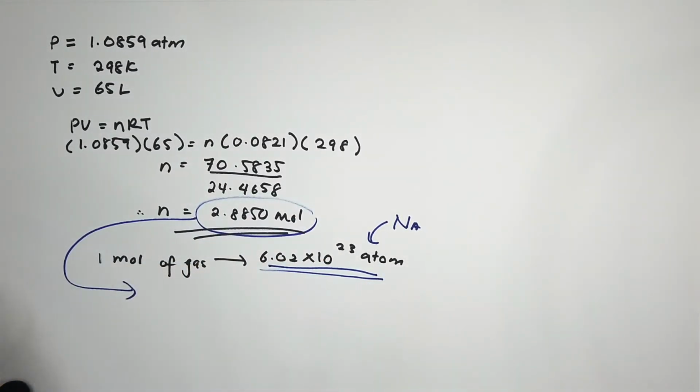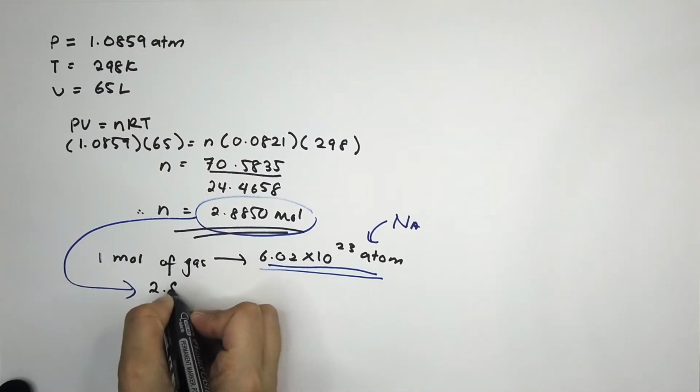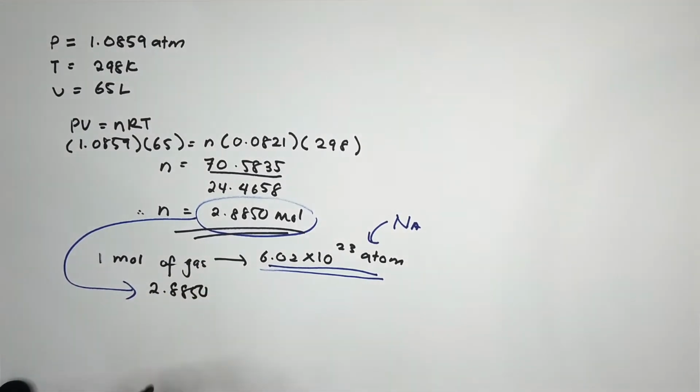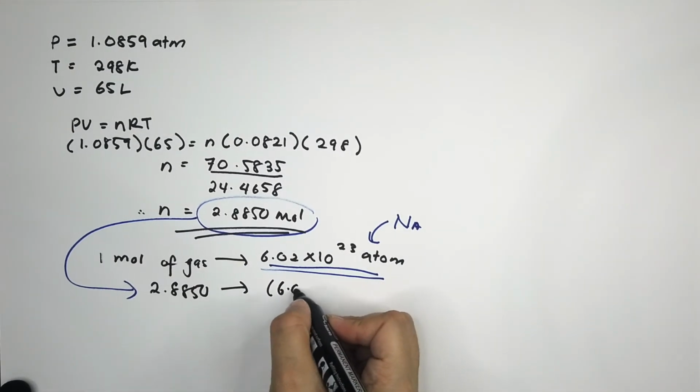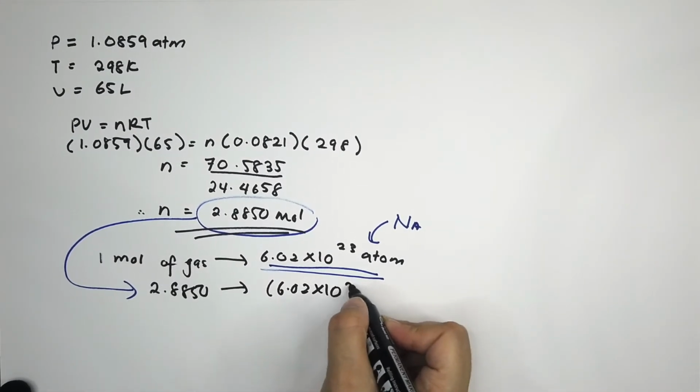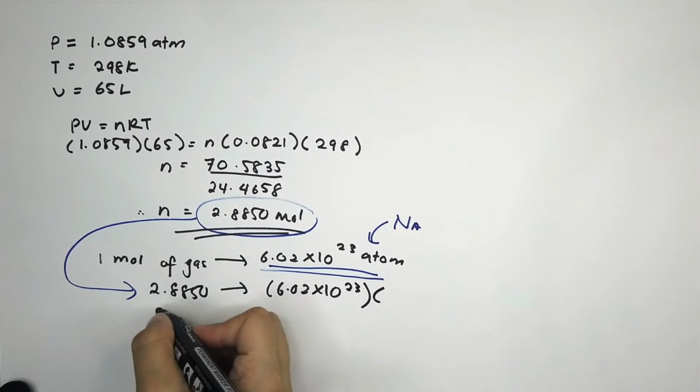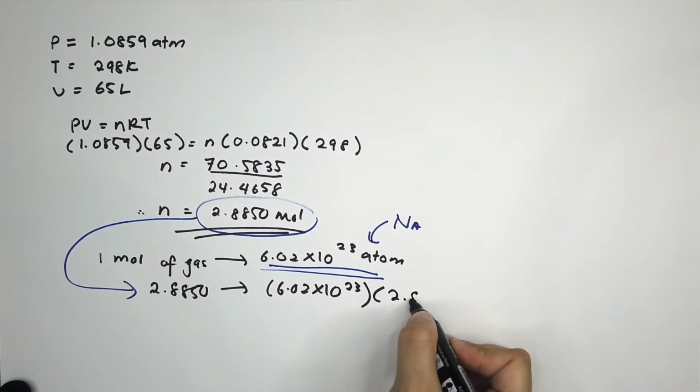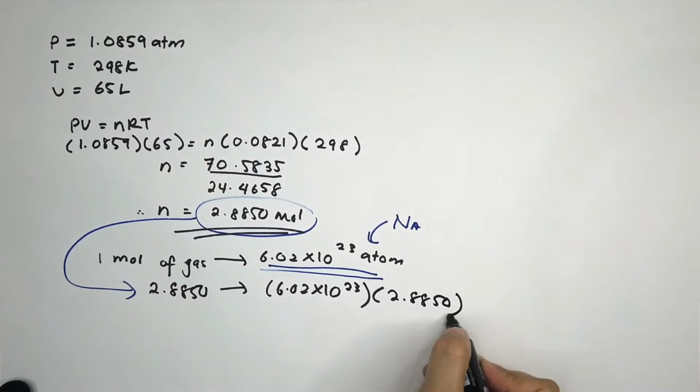Since you have this much mole of gas, you're just going to convert it. 2.8850 mole. So how many atoms is it? Just 6.02 times 10 to the power of 23 times this value, 2.8850.